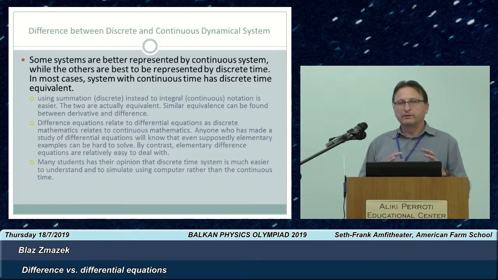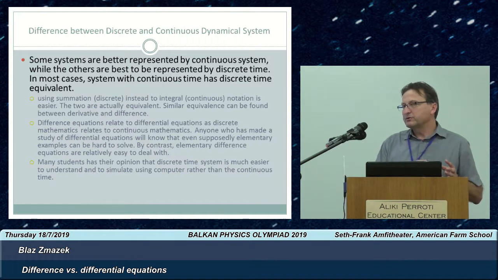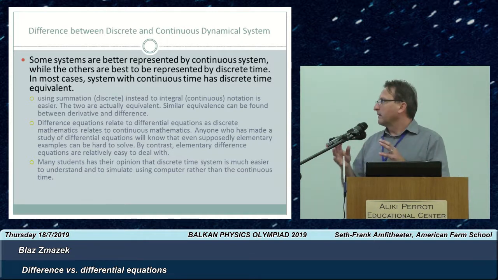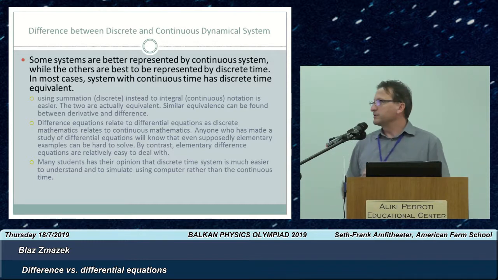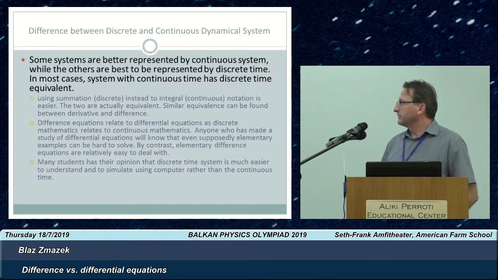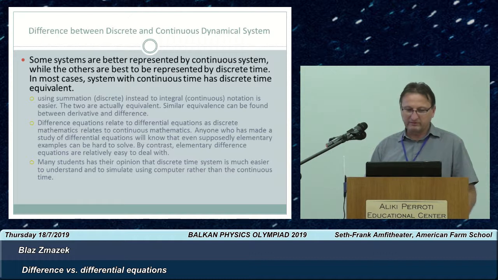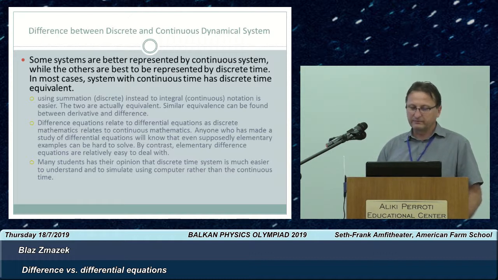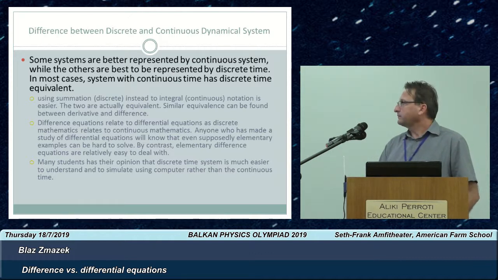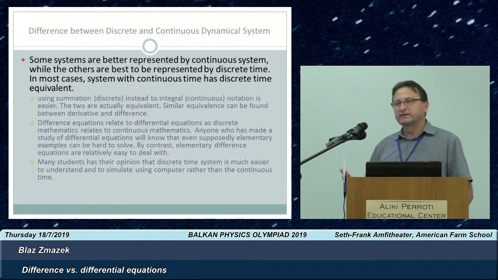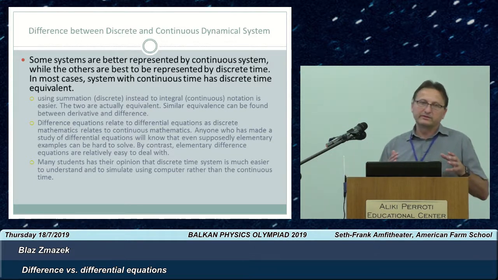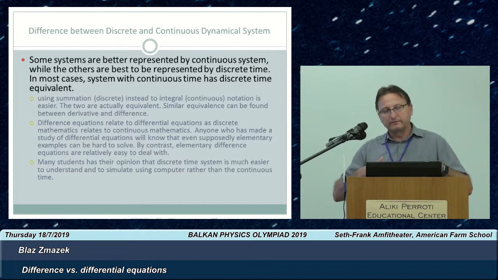If we have a difference equation, it is equivalent to a differential equation. We will see later what differentiations and difference equations are. Many students also have the opinion that a discrete time system is much easier to understand, because continuous time is hard to understand in the mind.